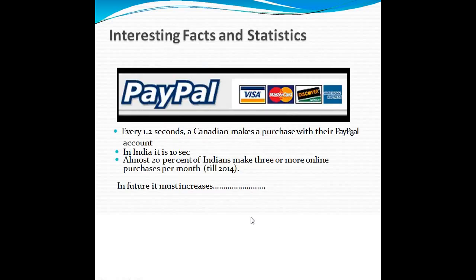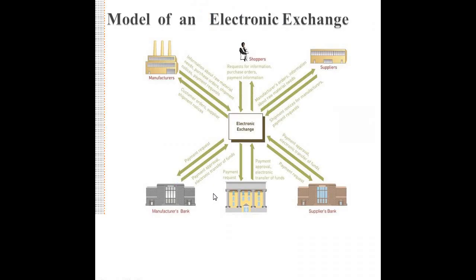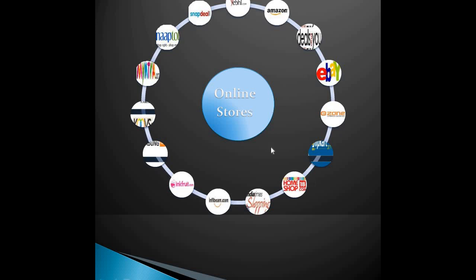Then some interesting facts, how Canadians purchase online and how Indians purchase online. Now, the facts for the future increase of these online impacts, and some online stores we have mentioned in the slide.